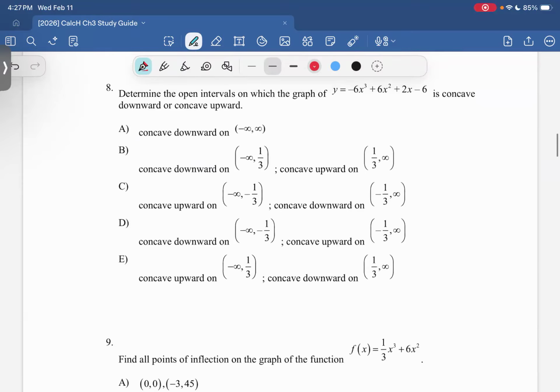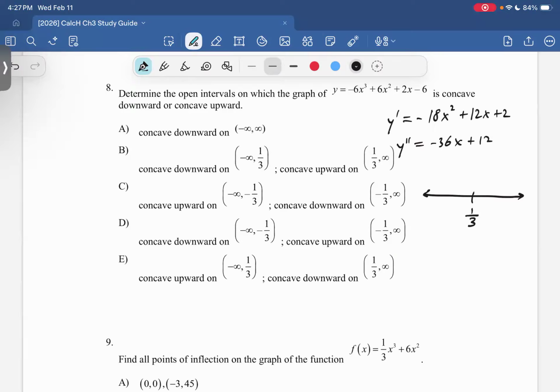Okay, concave upwards or concave downwards. So that means we have to find the second derivative. Right, so first derivative is negative 18x squared plus 12x plus 2, which means second derivative is negative 36x plus 12, which means that we have a point of inflection at 1/3, and then we just need to test some values.